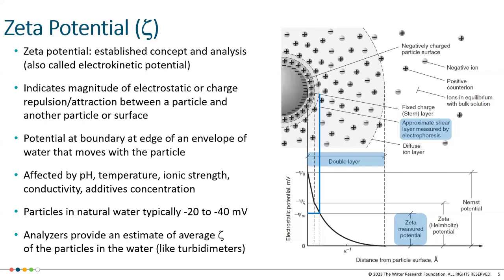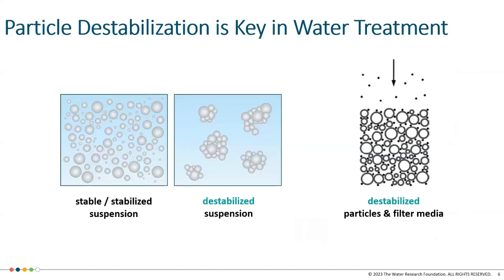So regardless of the method that we use to ensure that it occurs, achieving good particle destabilization during water treatment is essential for well-operated treatment. And zeta potential is the measure that we use to describe particle destabilization. So good particle destabilization: here on the left, we have the emphasis for destabilized suspensions aggregating.